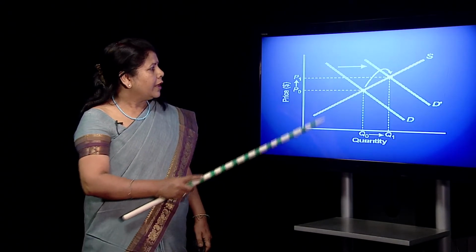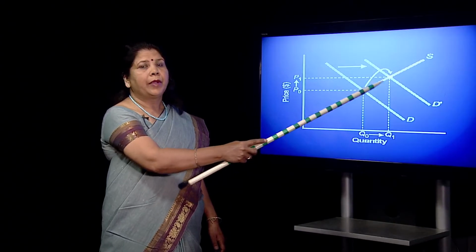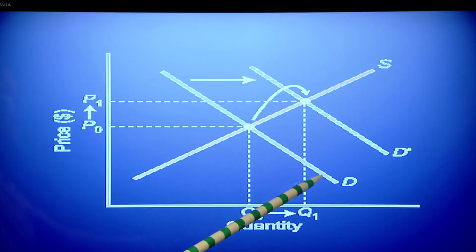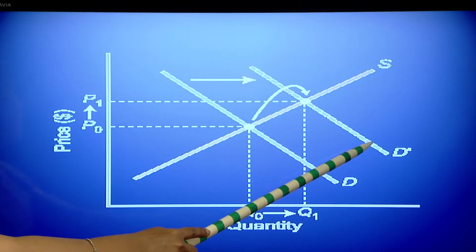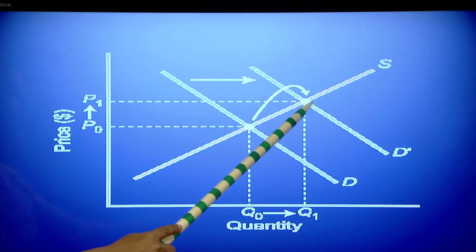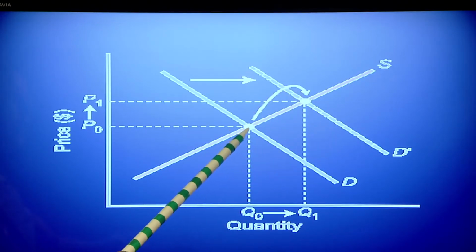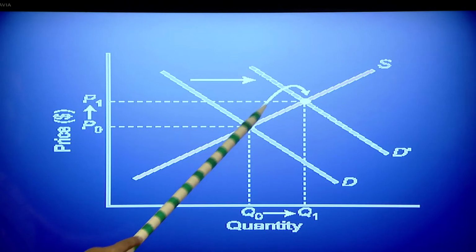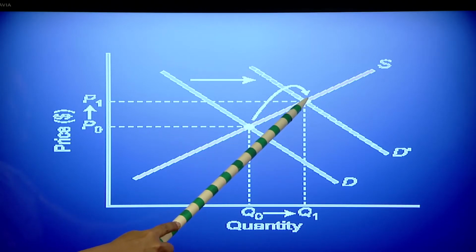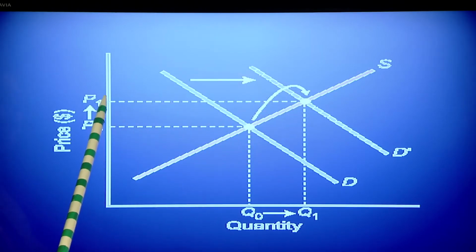Let us take the case of increase in demand first. In case of increase in demand, we can see the demand curve shifts outwards to the right as shown, and as a result of this, equilibrium shifts to this. The equilibrium price rises and so does the equilibrium quantity.